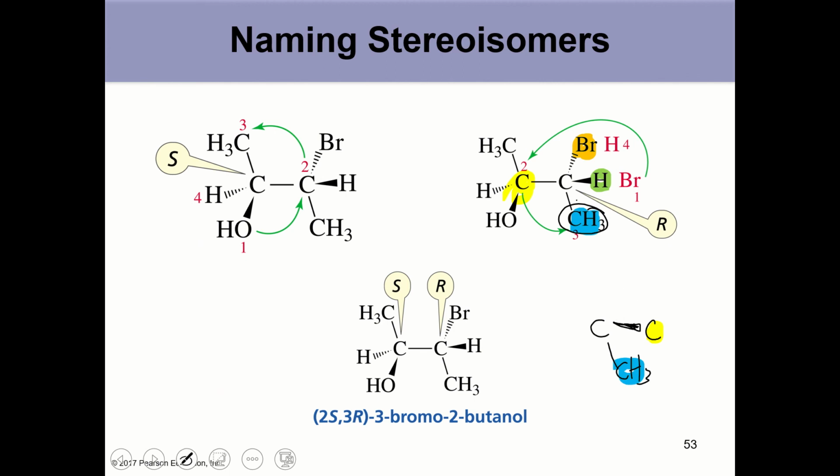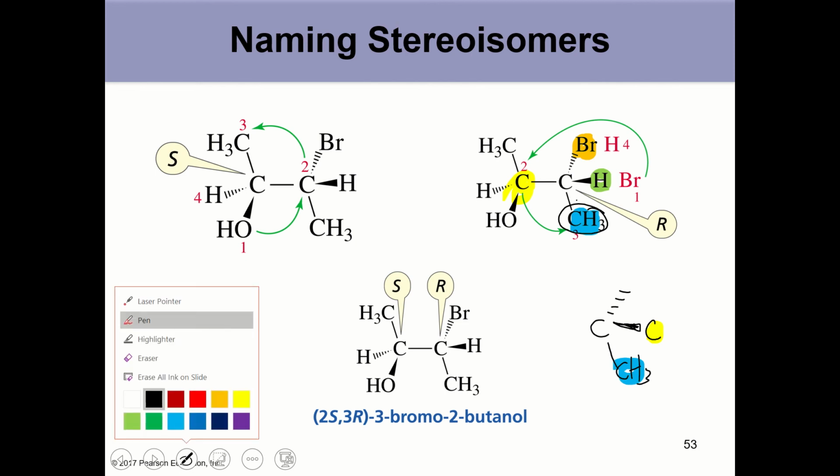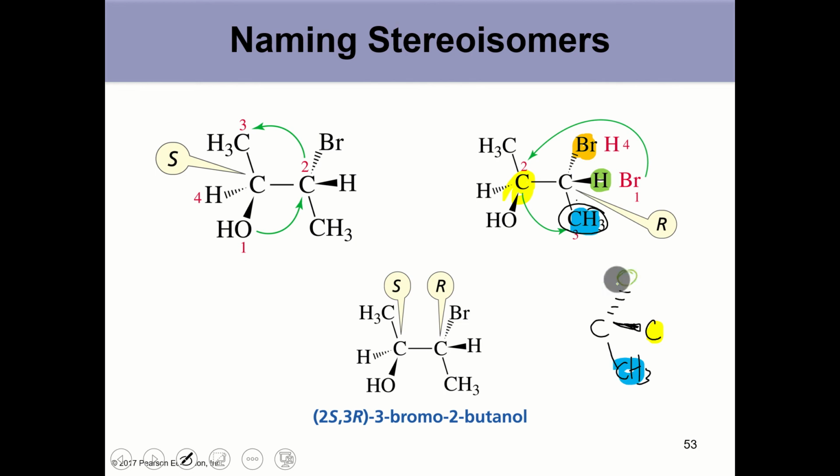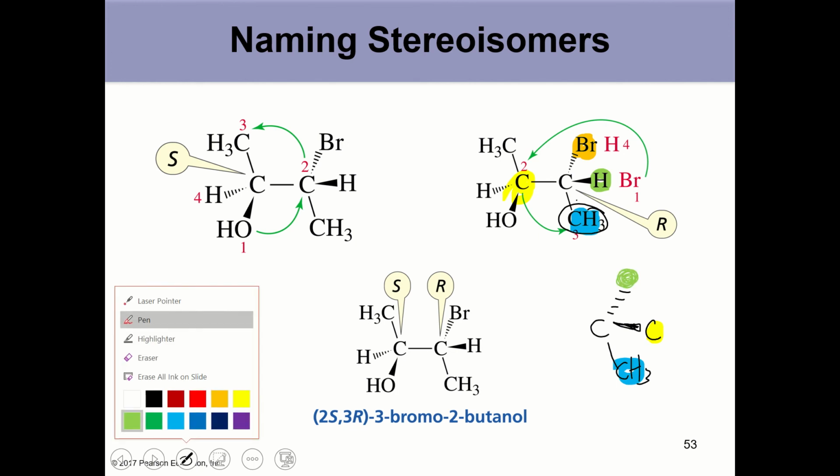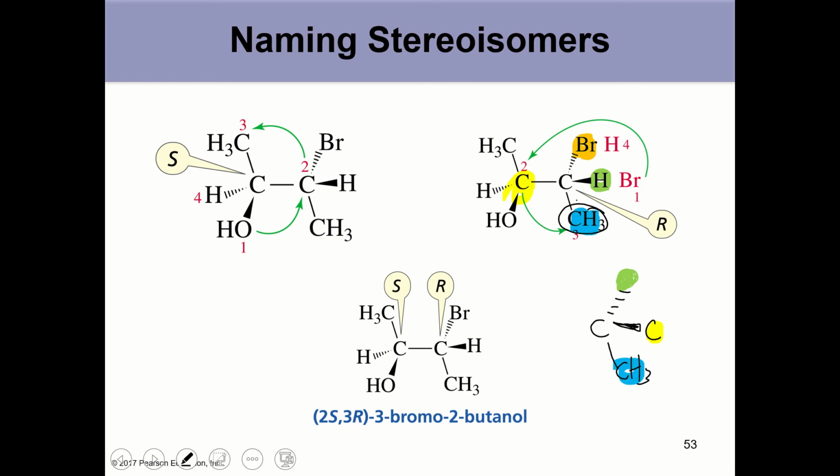different colors. Dash, dash, dash on the hatched wedge after the rotation will be the hydrogen in green. The green hydrogen.